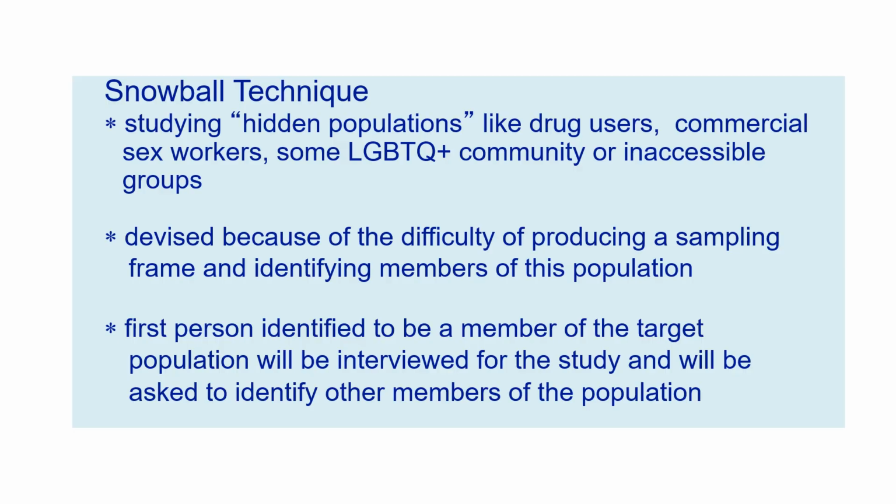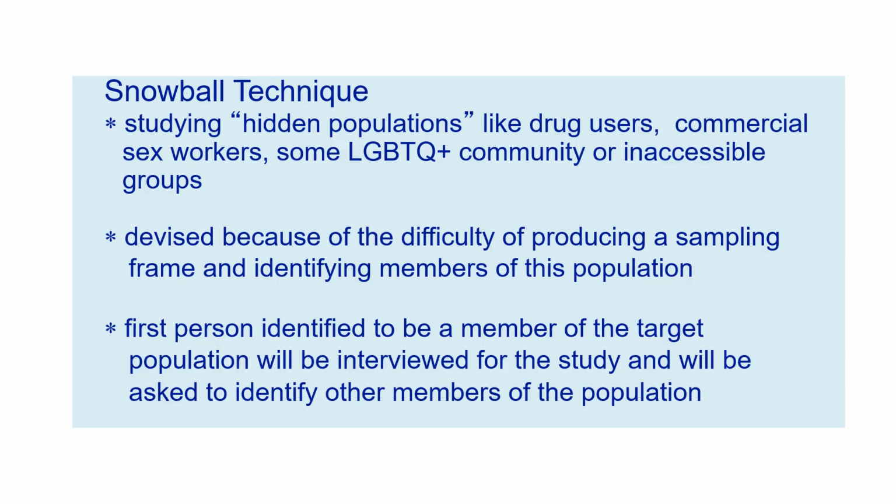Snowball technique involves study of hidden populations like drug users, commercial sex workers, some LGBTQ plus community, or other inaccessible groups. This is devised because of the difficulty of producing a sampling frame and identifying members of this population.